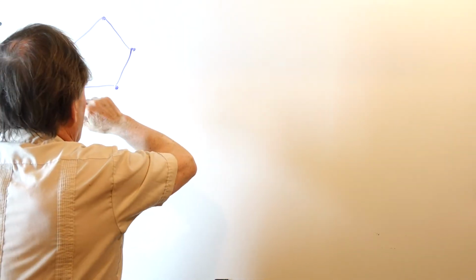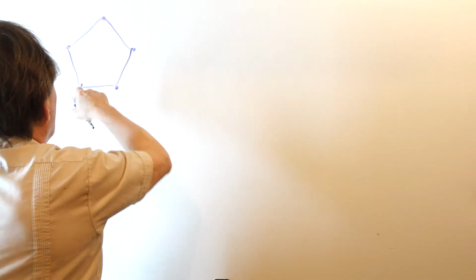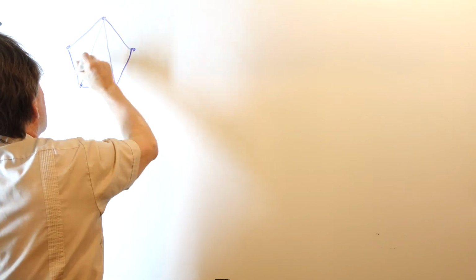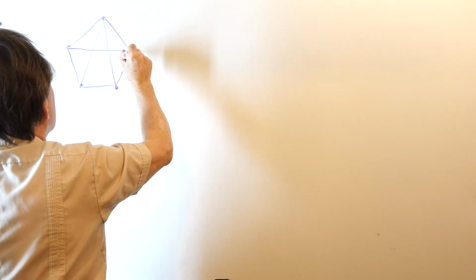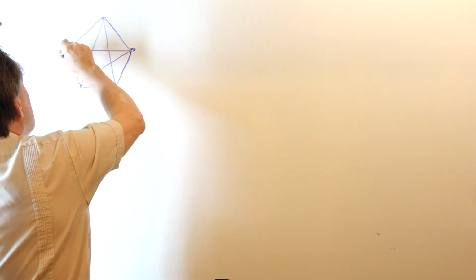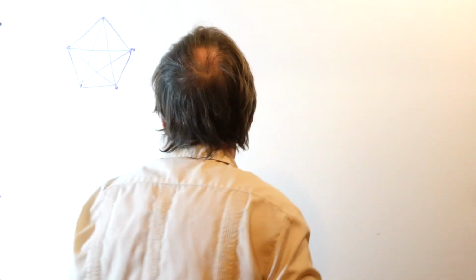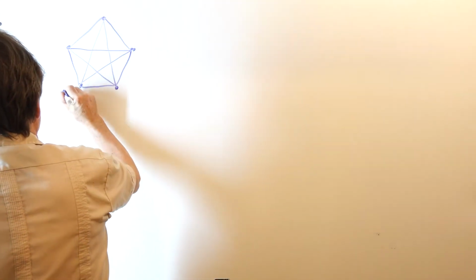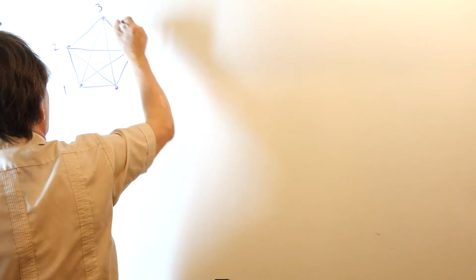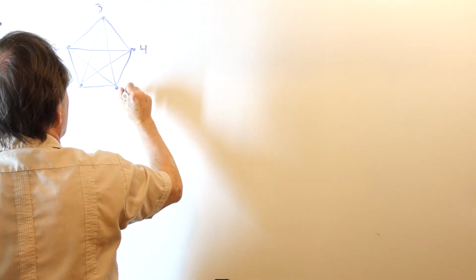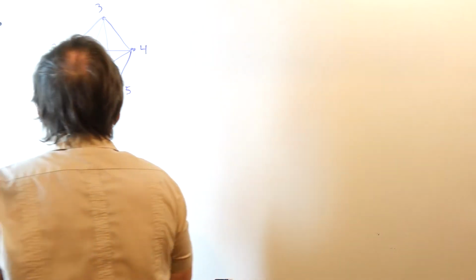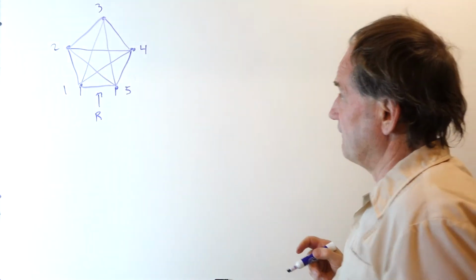Now, we have 5 branches there. Now each node has to connect every other node. So we've got 5, 6, 7, 8, 9, 10. Each of those are 1 ohm. Now, I'm going to designate the nodes going around in a clockwise manner. And we want to find the resistance looking in between nodes 1 and 5.